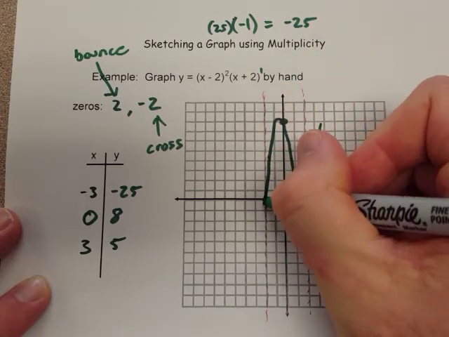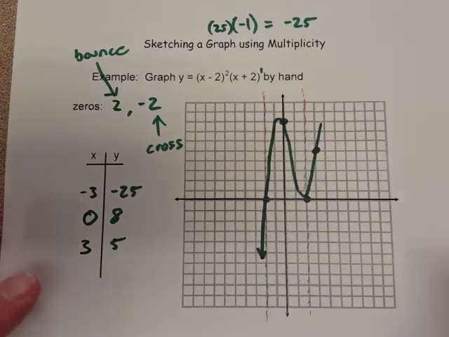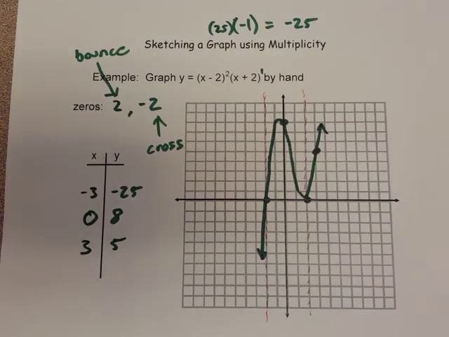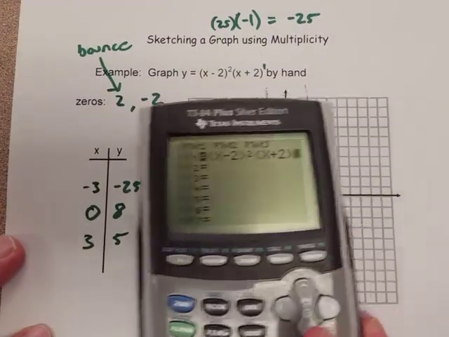Again, keep in mind this is a sketch, and this one's going really fast downward. So I've got a graph that's not going to be perfect, but at least it's maybe something like the real graph.